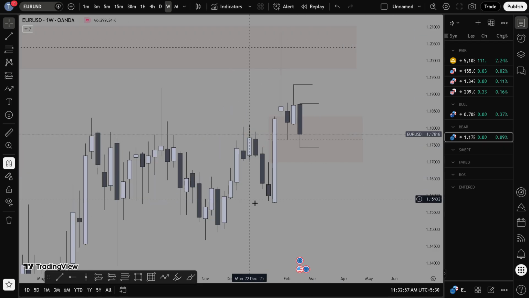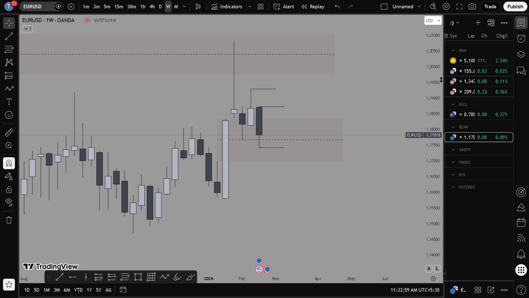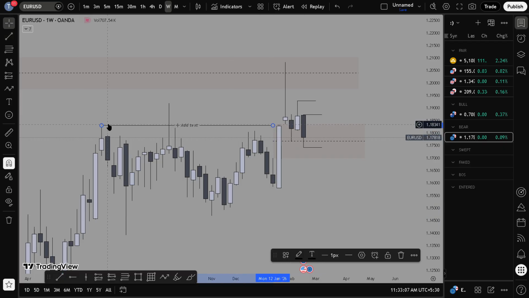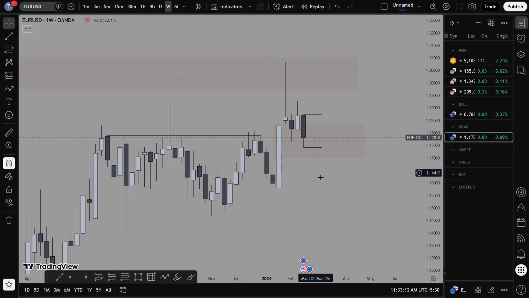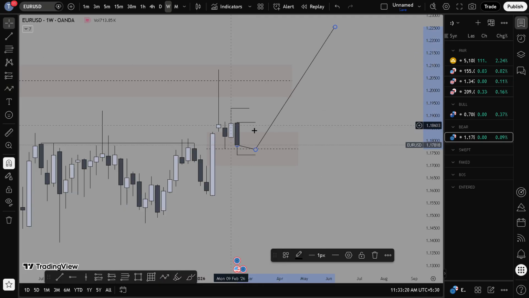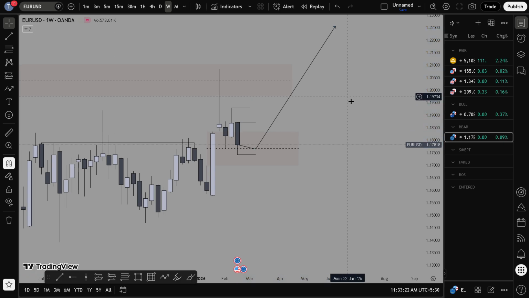What else can we extract from this price action? Some people might say this is the area of support, and price is going to go up off of this support line.